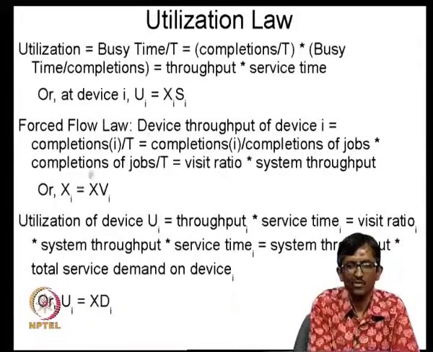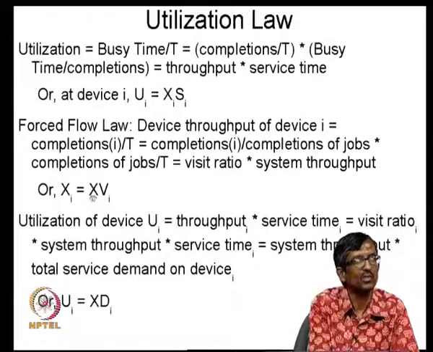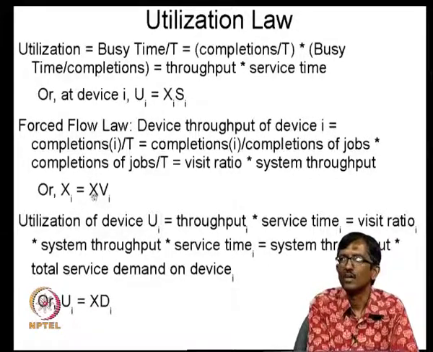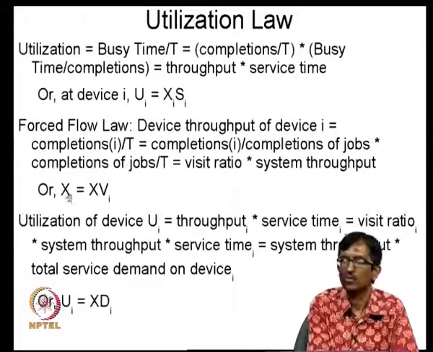Basically, your throughput for device i is given by the visit ratio multiplied by the system throughput. Essentially what it is saying is that the system throughput forces how things happen at each particular device with respect to its throughput.